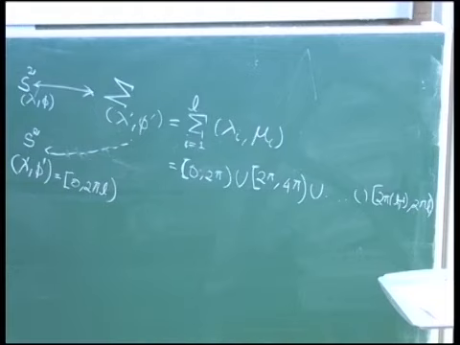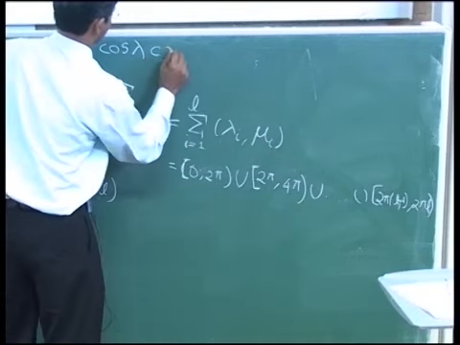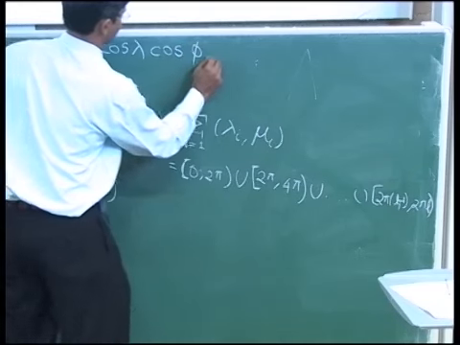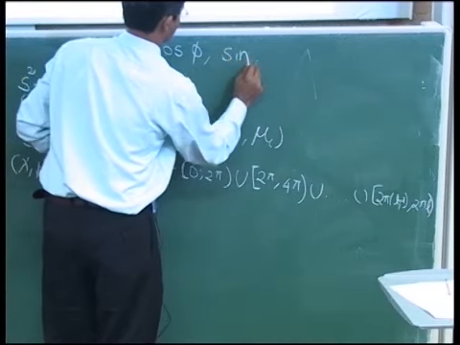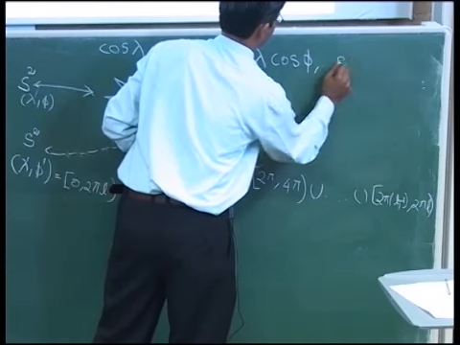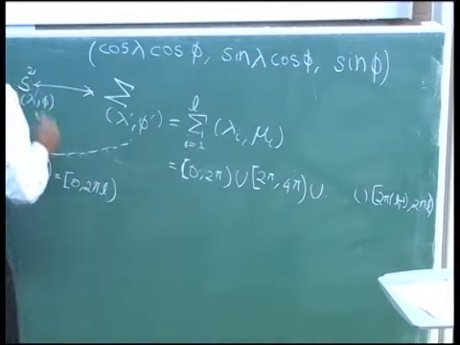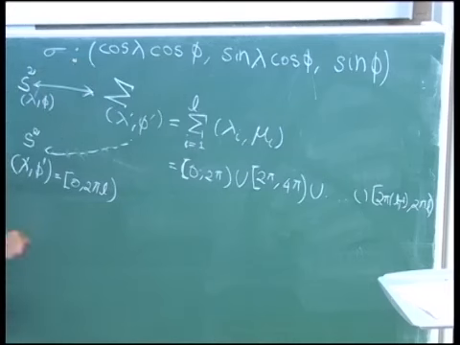To get this, you take the lambda prime and phi prime distribution. We have to use this function. Typically for the sphere we will be using cos lambda times cos phi, sin lambda times cos phi; if I call this sigma, for this I can use sigma prime.